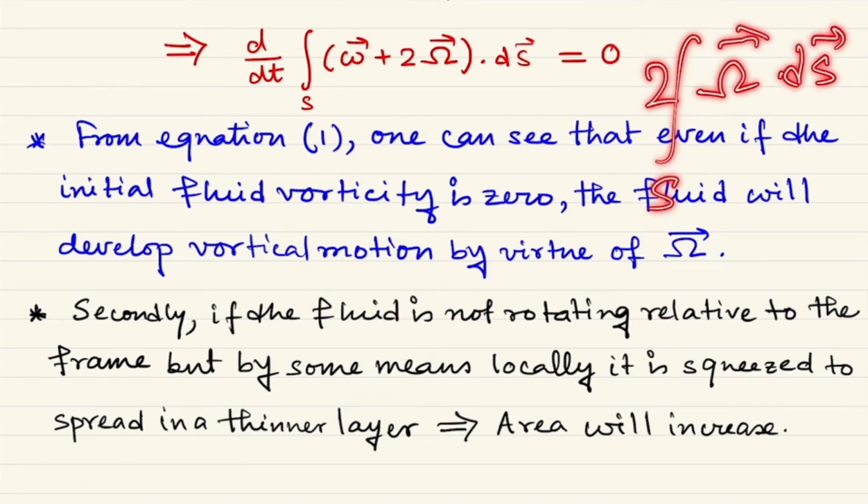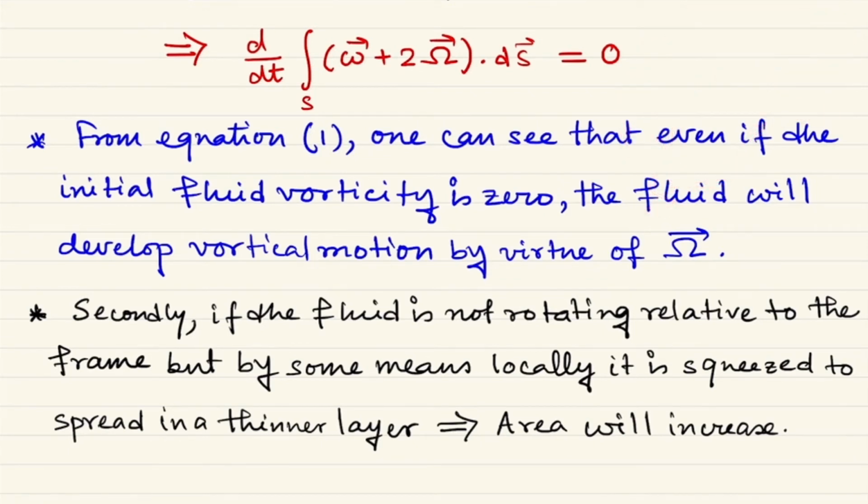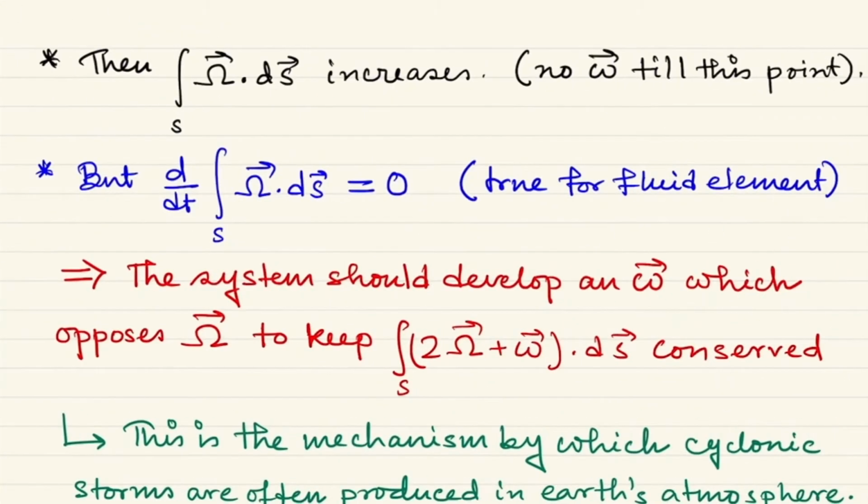Now if your total area increases, then this flux will also increase, right? This flux will increase, so this one increases, and till now there is no small omega, but we know that d/dt of the integration of omega dot ds should be 0, right?